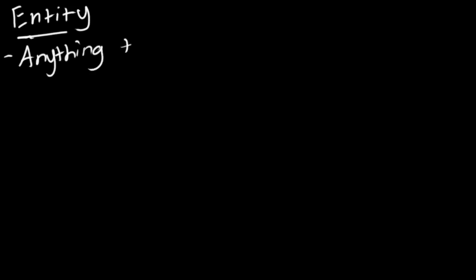We are going to begin by talking about entities. Now what is an entity? An entity for our purposes is going to be absolutely anything in our game that is not a tile. Anything in our game that isn't a tile, anything that is not a grass tile or a dirt tile or a tree tile is going to be classified as an entity.